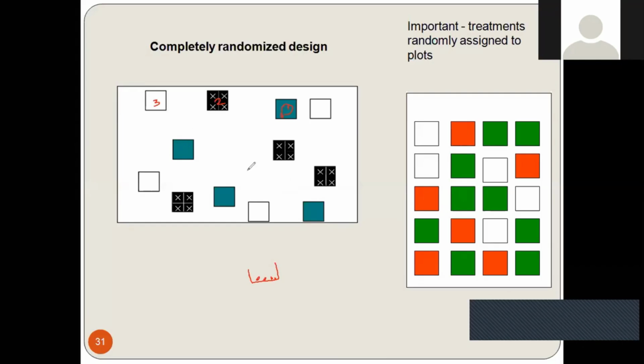This is basically called randomization. There is no pattern existing here, right? So this is a good design. Why? The number of replicates is the same, 4 for black, 4 for white, and 4 for this blue color. So randomization is okay, right? What about the others?